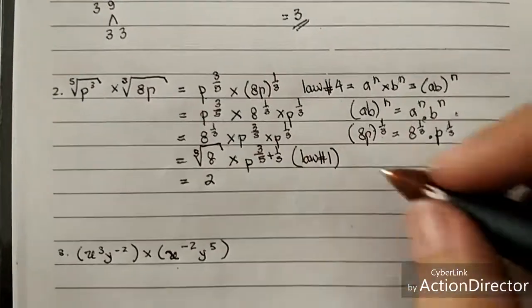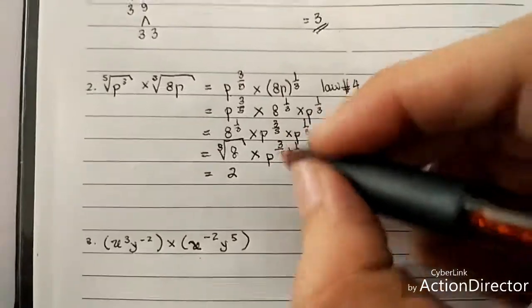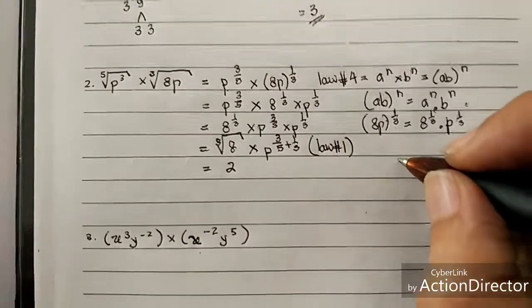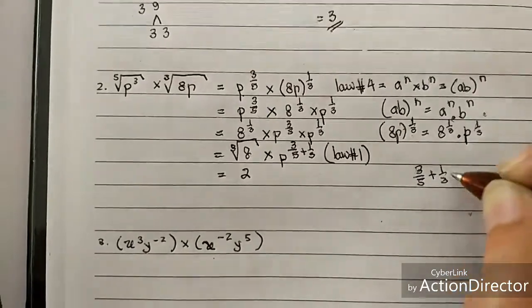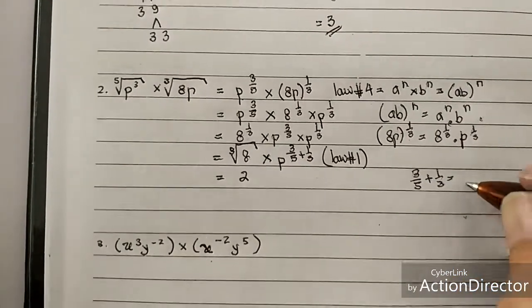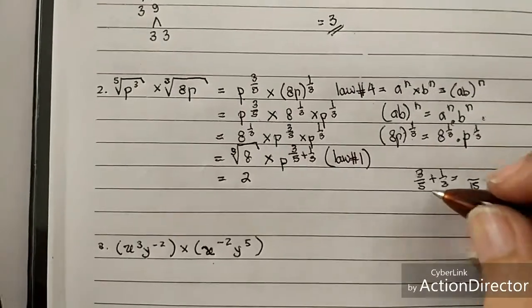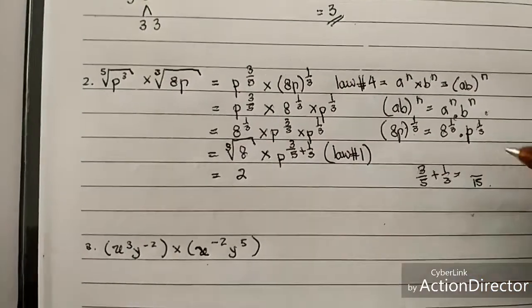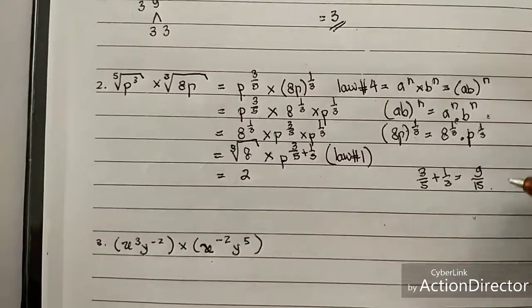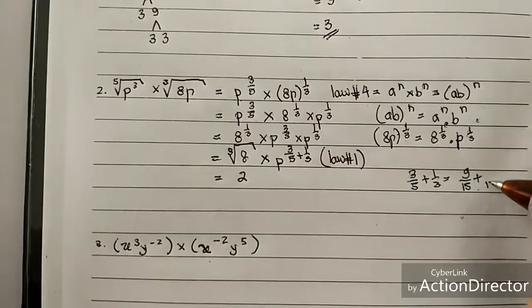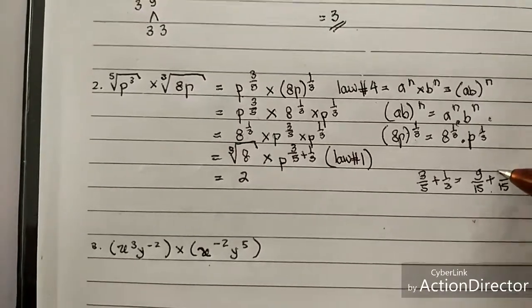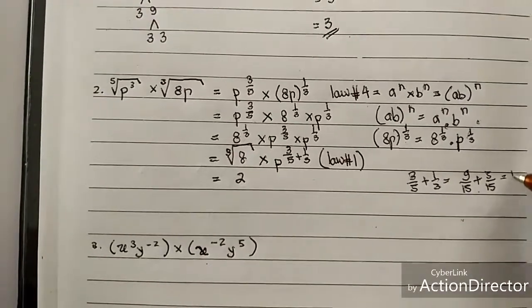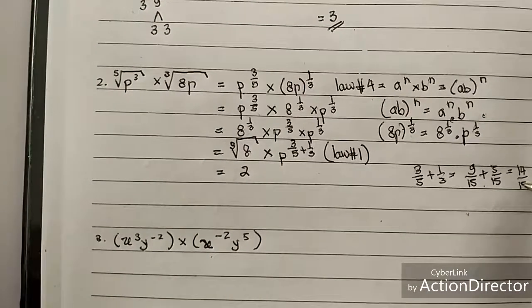Now I will do the arithmetic over here. So 3 out of 5 plus 1 out of 3, the denominator should be the same. I will make it 15. This one is being multiplied by 3, so on top you need to multiply by 3, so 9, plus 15, this one is being multiplied by 5, so on top you need to multiply by 5, so it will be 14 out of 15.